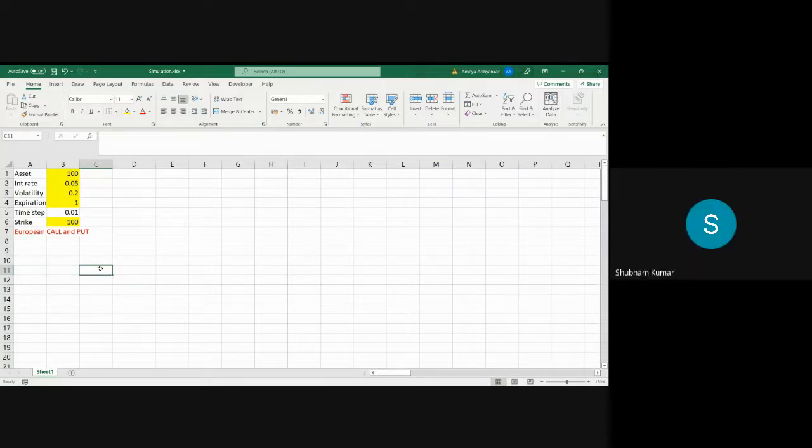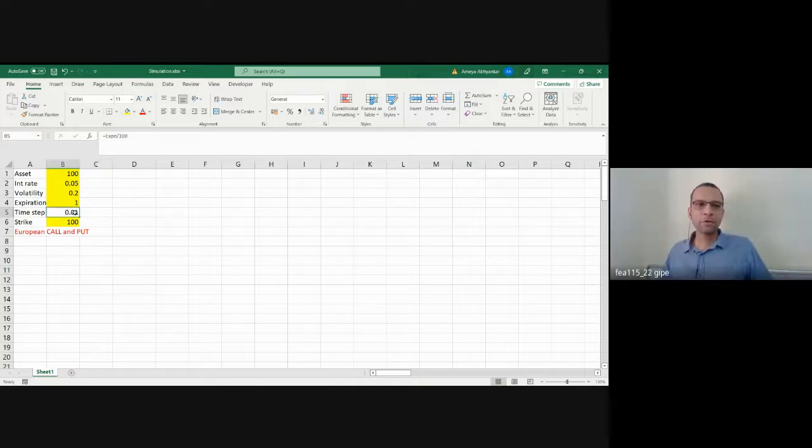What is the time step there? Time step is 0.01. So I have taken a very small time step. This is my DT, so you can imagine that these are my small time increments.